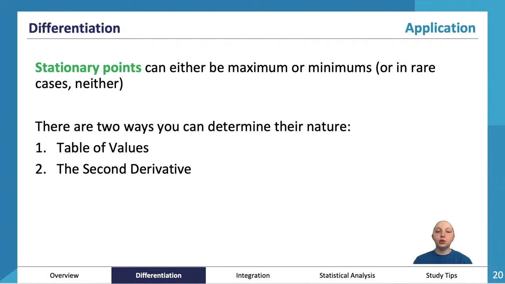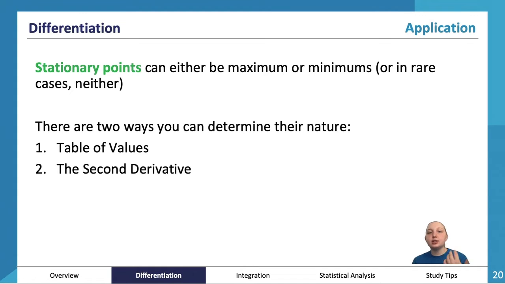Then essentially what you want to do from there is substitute each of those numbers into your derivative equation, so your f dash x, your y dash, your dy dx, whatever you call it. Once you substitute those into that table, you'll get given the values for your derivative at each of those points.